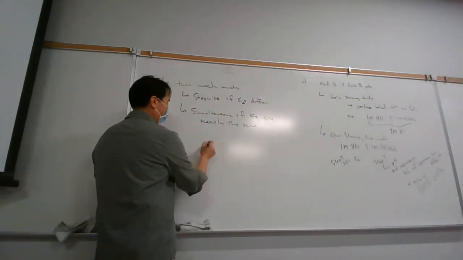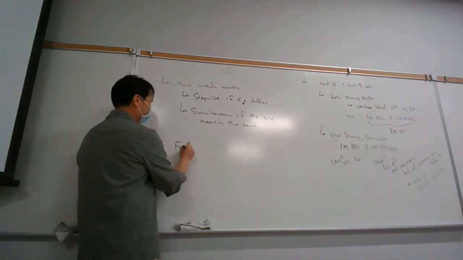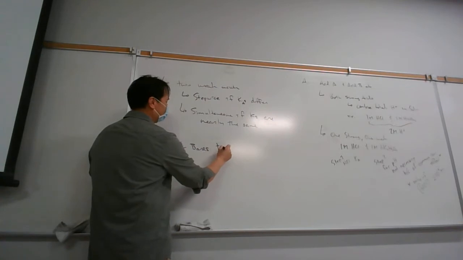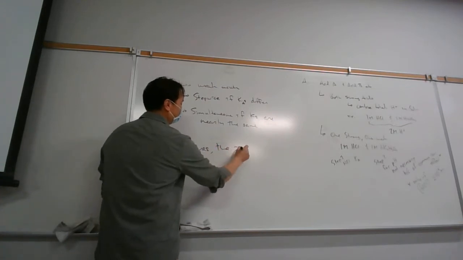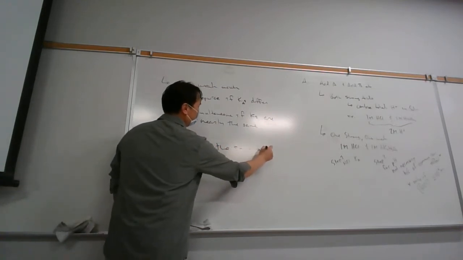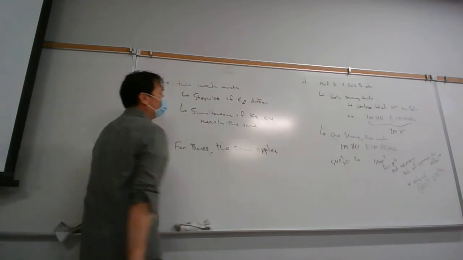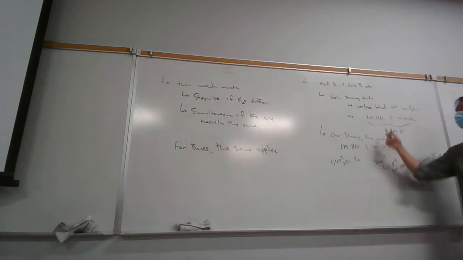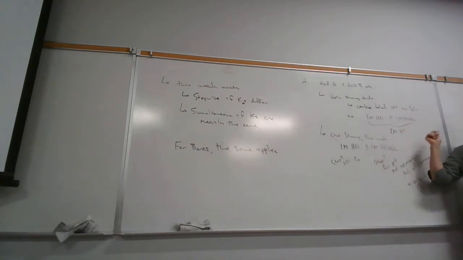The same for bases, the same scenarios result. So if I had 2 strong bases, then what I do is I do the Kb's and just total up the total hydroxide. If I had 1 strong base and 1 weak base, then the main contributor of hydroxide would be the strong base, and the weak base would be a negligible contributor because of the common ion effect.